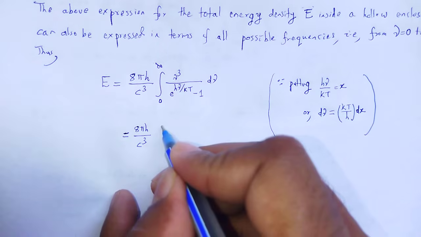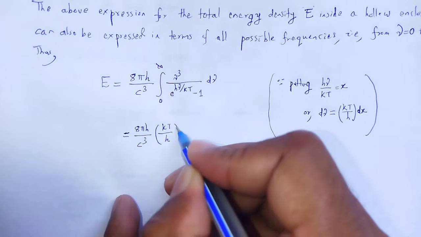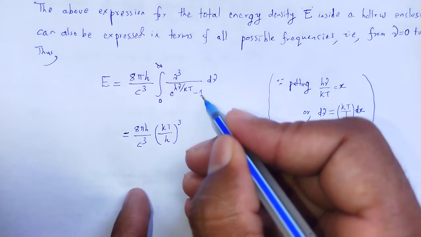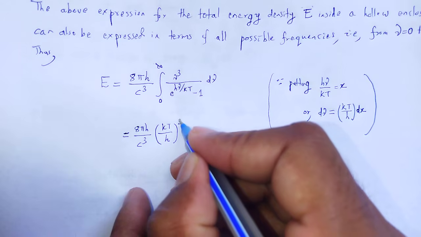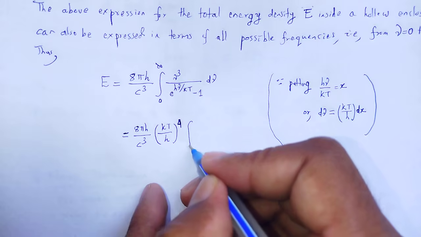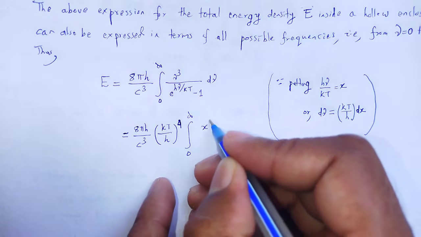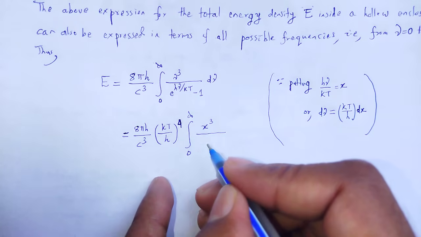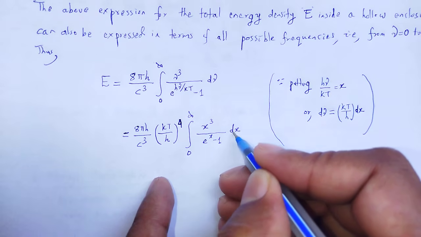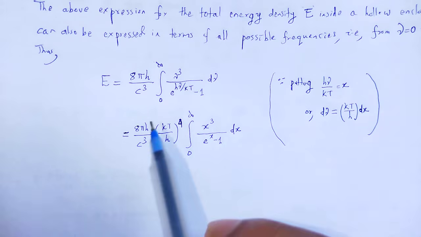Overall, k t divided by h to the power 4, integration from 0 to infinity, x cube divided by e to the power x minus 1, dx. Okay. That substitution is put in that integral.